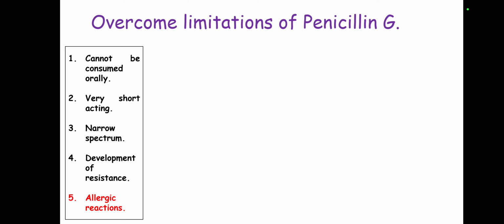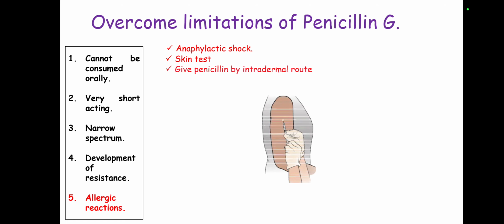Now coming to the last problem, that is allergic reactions. Penicillins are a common cause of anaphylactic shock. So we are unable to develop any new penicillin which is not causing allergy. The only thing we can do is be careful so that allergy does not become serious. So before giving any penicillin, we should do a skin test, and the skin test is done by giving penicillin G by intradermal route.